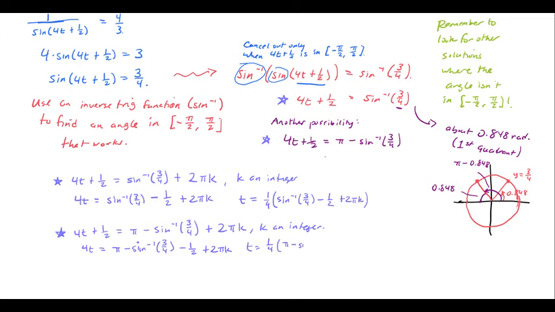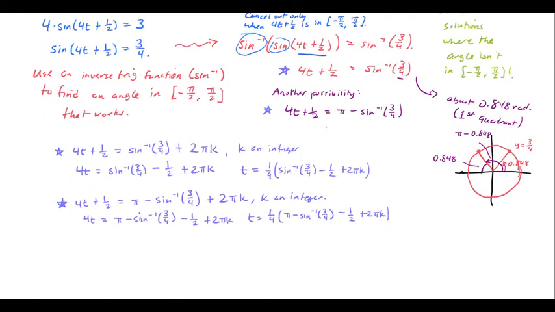Boy, this is gross. I did not quite foresee this when I set up this example. I mean, it's all very doable. It's just there's a lot of ideas to coordinate and pull together. All right, so what's the verdict here? Let's do one more simplification step and then we're done. So the solutions are t equals 1/4 of arc sine of 3/4 minus 1/4 times 1/2, which is 1/8, plus 1/4 of 2 pi k, that's pi over 2 times k.